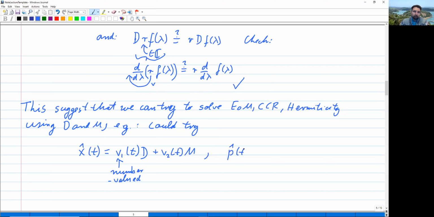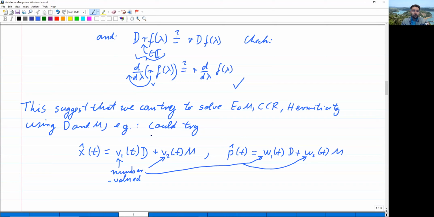and the p hat of t, maybe we can find some w1 of t times D plus w2 of t times M, and all these guys are to be number valued, right? But of course the D is not number valued, far from it. It's an operation, right? And M is an operation, so these are not number valued, but these prefactors could be number valued.